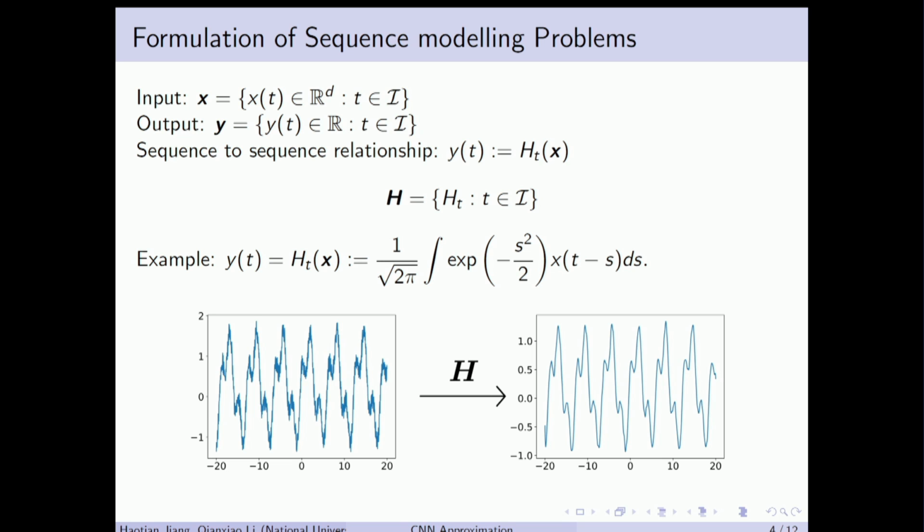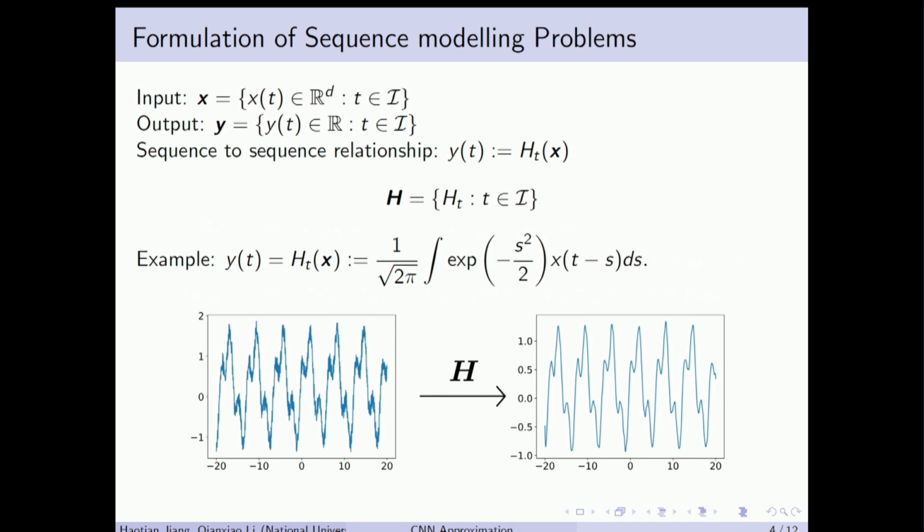On the left-hand side is the input sequence, which is just a function of time t, and on the right-hand side is also a function of time t. So what this sequence to sequence relationship does is that if we have a noisy input, this target will smooth it, and we have a smooth version of the output. So this is basically our setting about the sequence to sequence relationships.